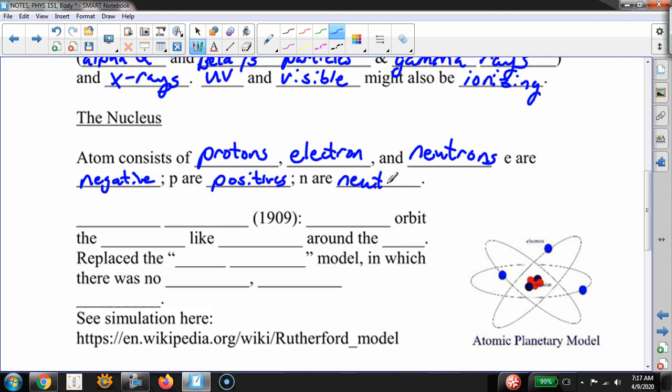They have no charge at all. The planetary model, which was first developed in 1909, is a model of the atom. In that planetary model, electrons orbit the nucleus like planets around the sun. That's why it's called the planetary model.